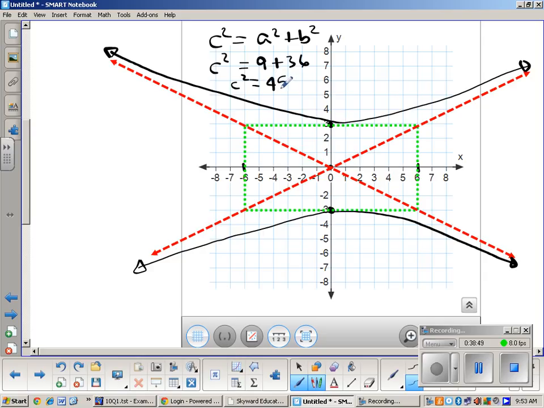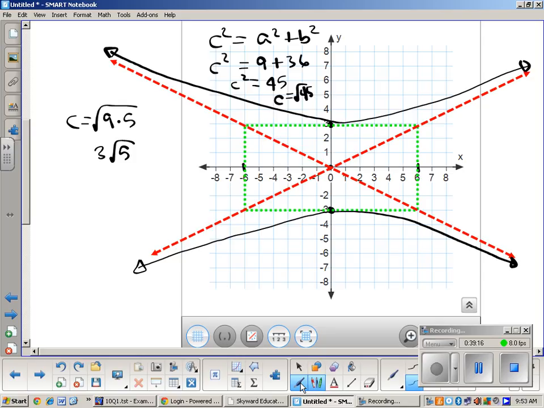Square root of 45, which is 3 square root of 5, since that's 9 times 5. But the square root of 45 is almost 7, isn't it? Square root of 49 is 7.